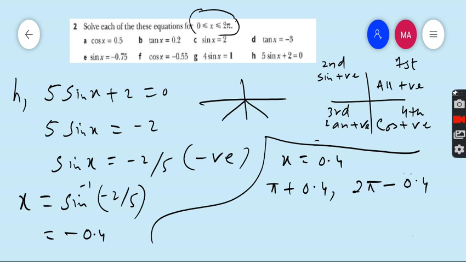So pi plus 0.4 is 3.55, and 2 pi minus 0.4 is 5.87.